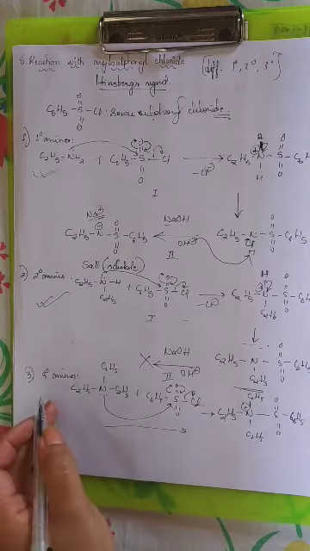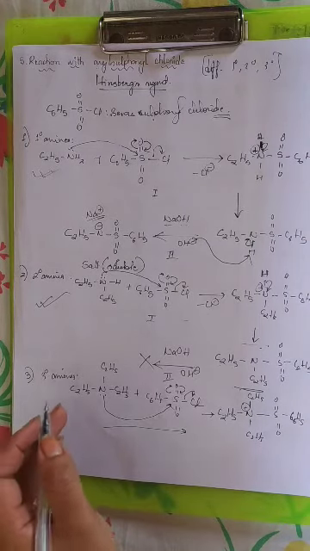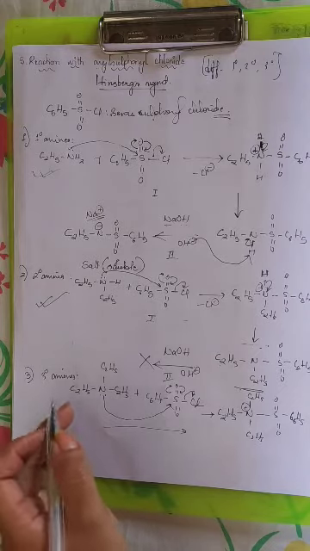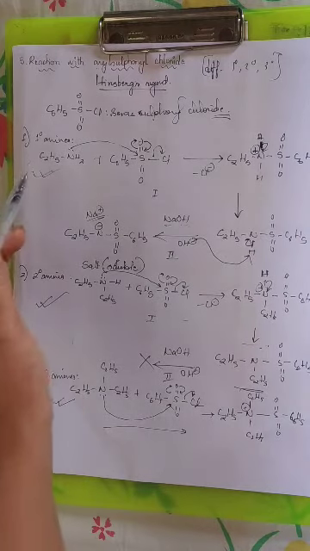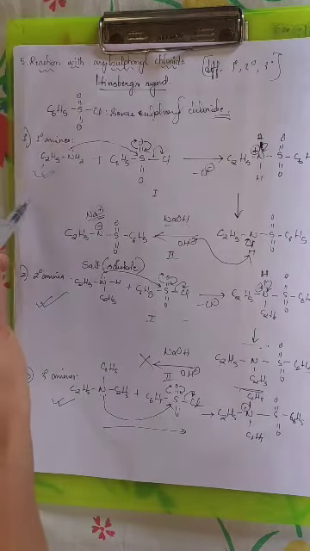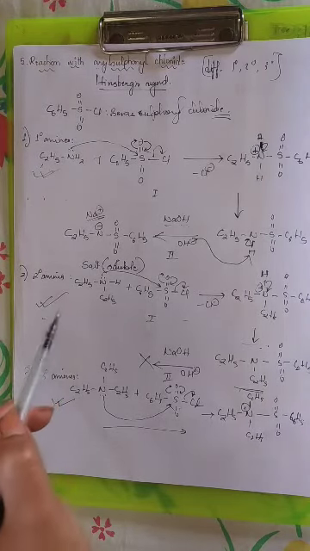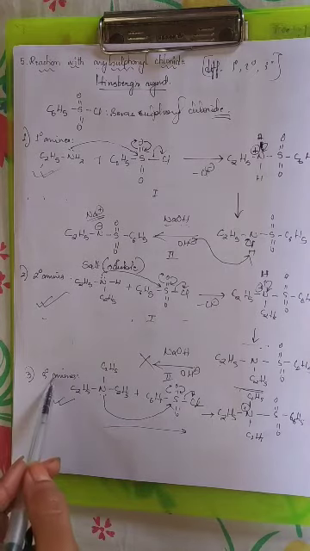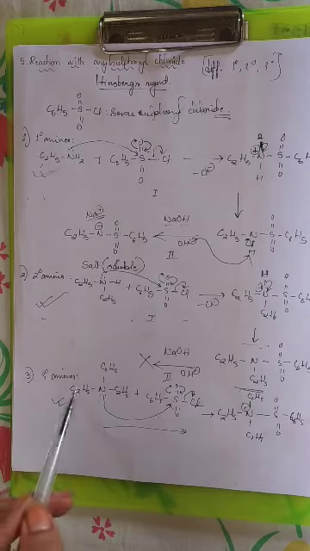And the amines which neither react with Hinsberg reagent nor alkali will be our tertiary amines. So keep that in mind: primary amines react with both Hinsberg reagent and alkali, secondary amines react only with Hinsberg reagent but not the alkali, and tertiary amines do not react with either the Hinsberg reagent or the alkali.